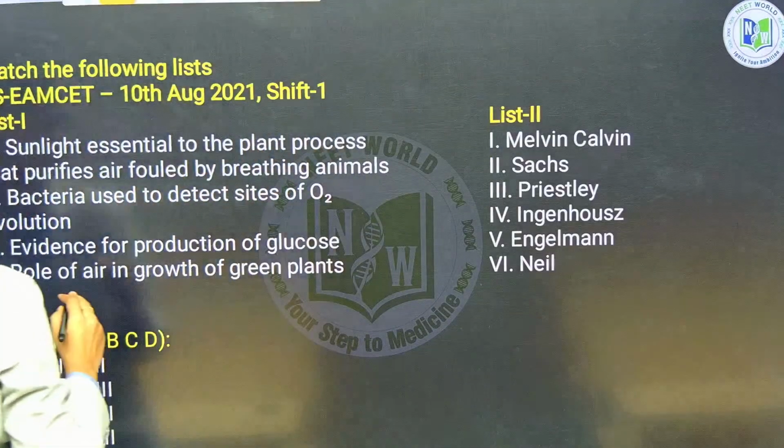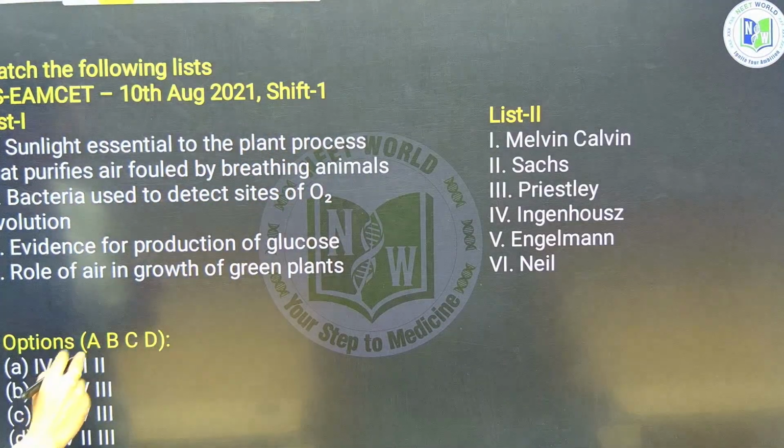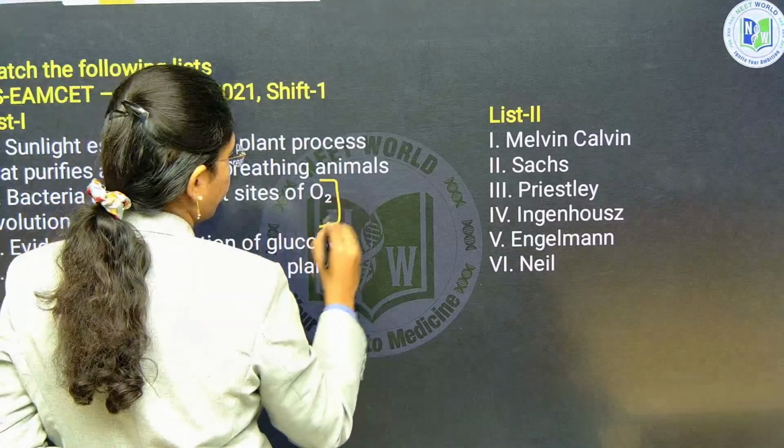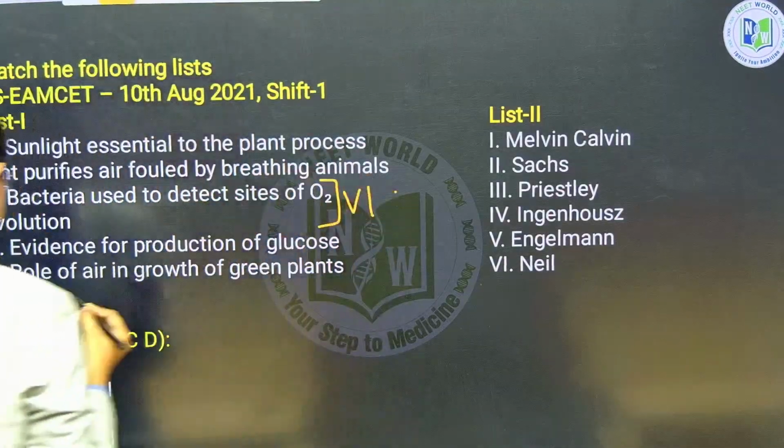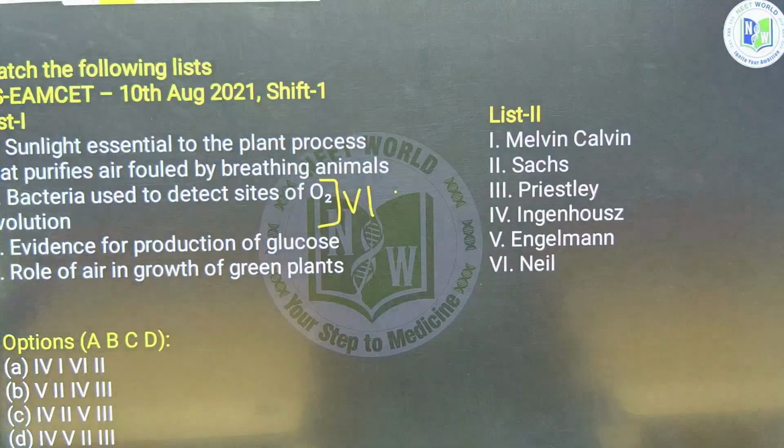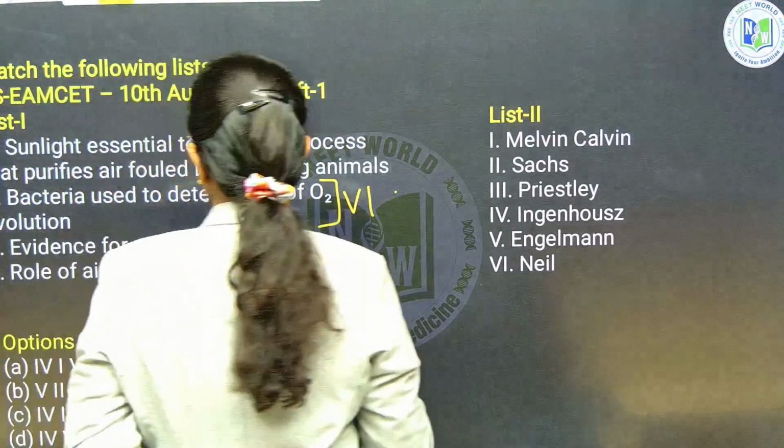Bacteria used to detect the sites of oxygen evolution. This is by C.B. Van Niel, which is 6. And evidence for production of glucose is by Von Sachs.